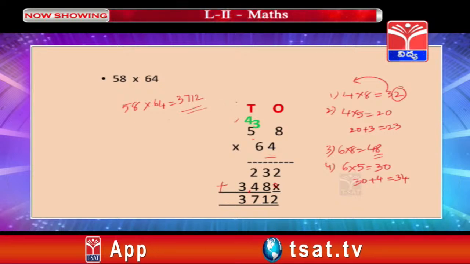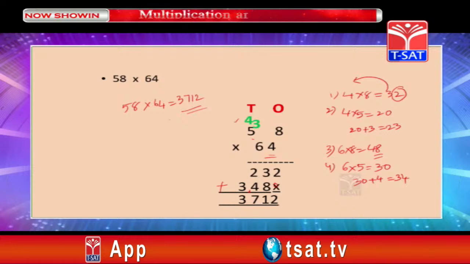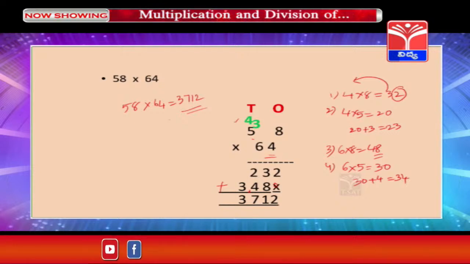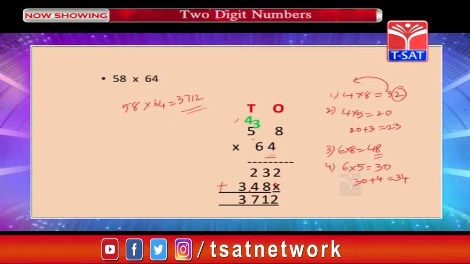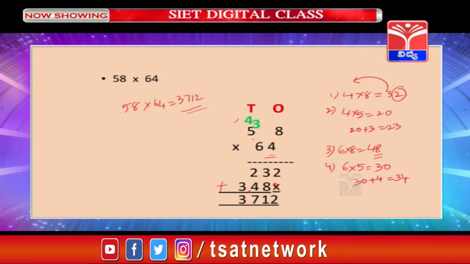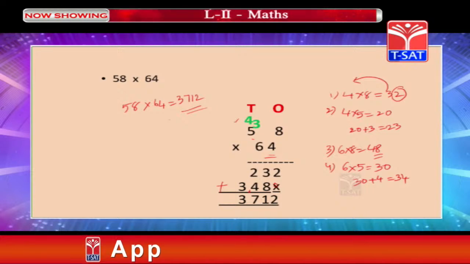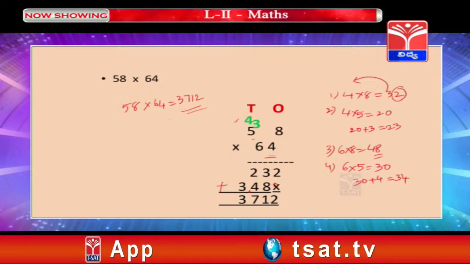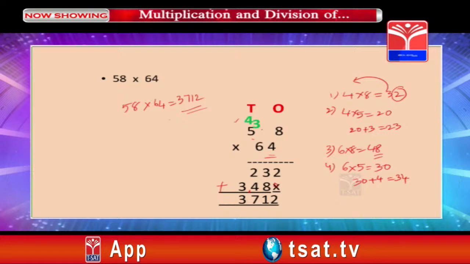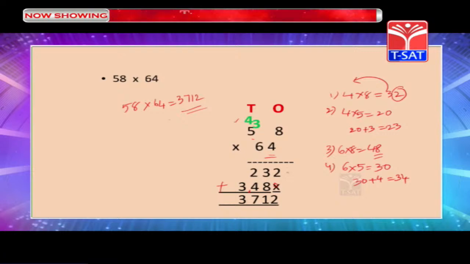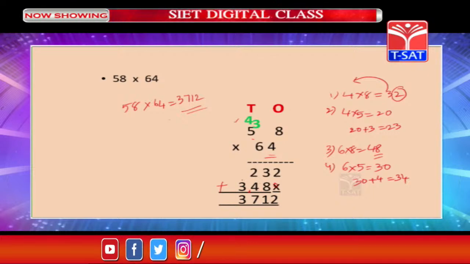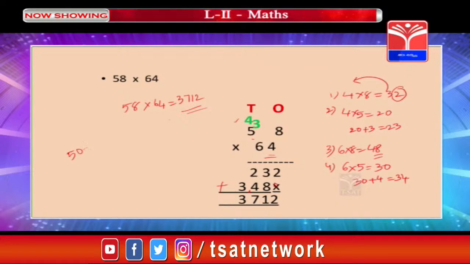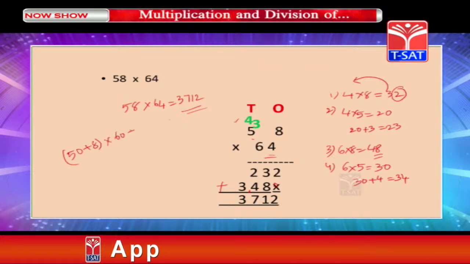So, when we multiply 2-digit numbers with 2-digit numbers, first you have to take the digit in the units place and multiply it with the number, and after that you have to multiply the digit in the tens place with that number. After that we have to add the resultants. Actually, we did this before, where 50 plus 8 into 60 plus 4.